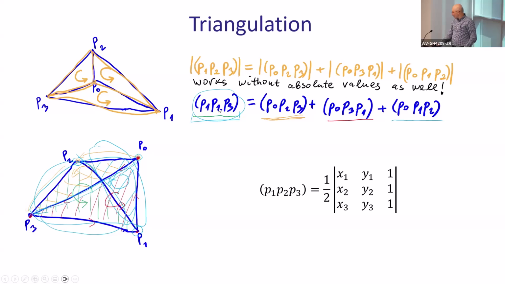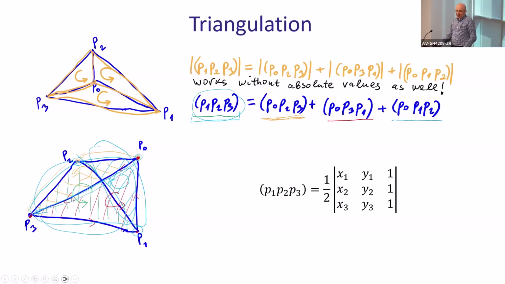Let's see if this works with the same formula, okay? So this is the area of P1, P2, and P3. This is what I want to find, okay? P0, P2, P3. So this is that triangle. So this is the area of that triangle, all right? P0, P3, P1, it's plus the area of that triangle.